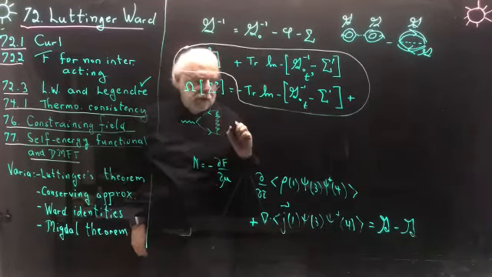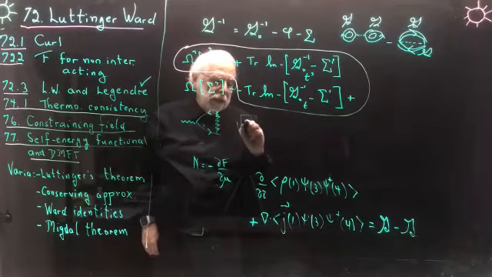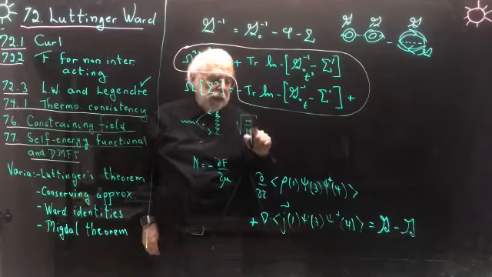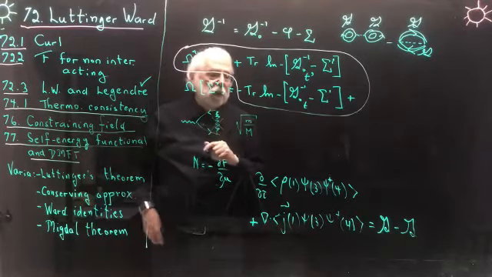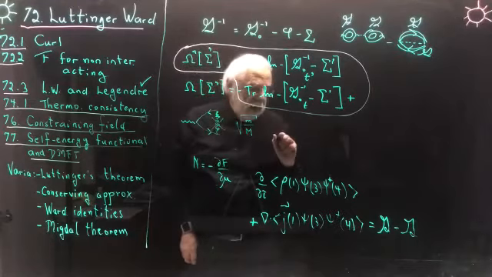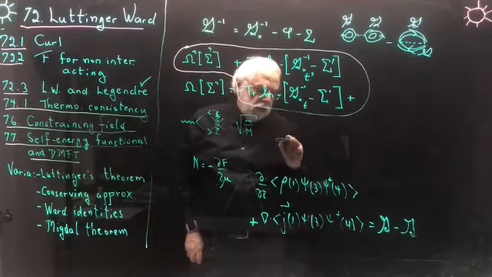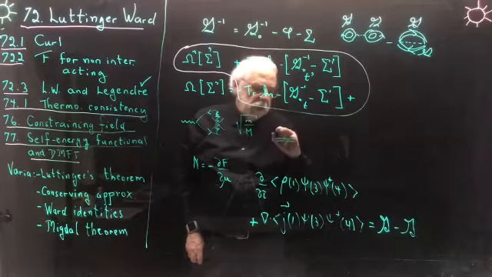This is down by a factor square root of the mass of the electron divided by the mass of the ion. So remember that this ratio is 1 over 2000. So this is a small expansion parameter. So you can neglect vertex corrections. So that's why Eliashberg theory works so well.